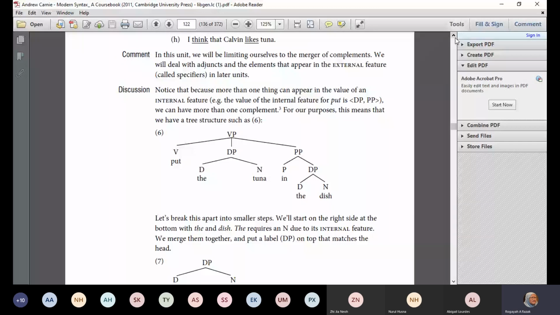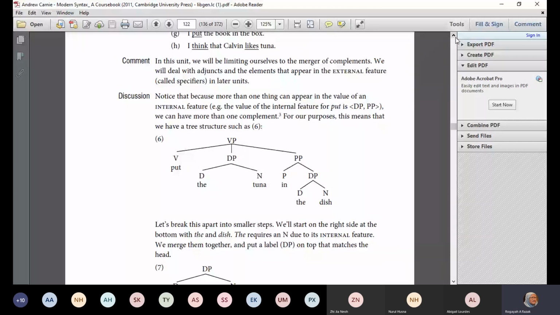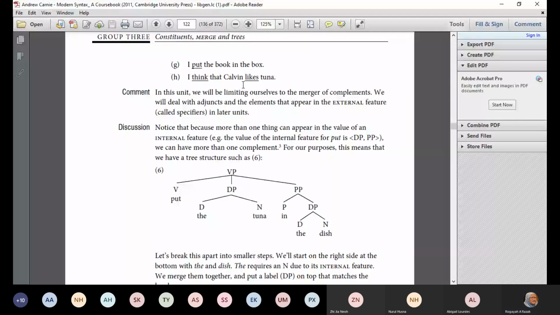Then we see the example, I put the book in the box. This is another complex verb which has 2 arguments. The determiner phrase, the book, is a complement to the verb, the head, put. And then you have in the box, which is another argument, also a complement to the verb put. So there are 2 complements. One is the DP, one is the PP.